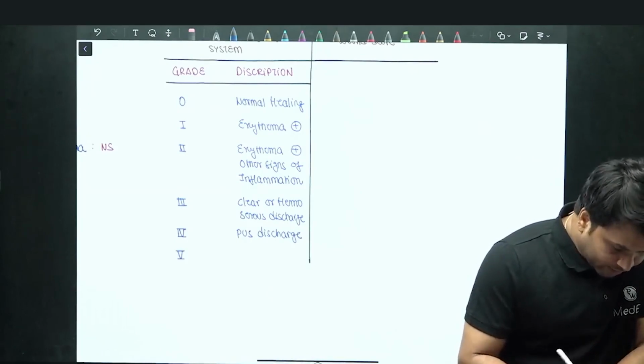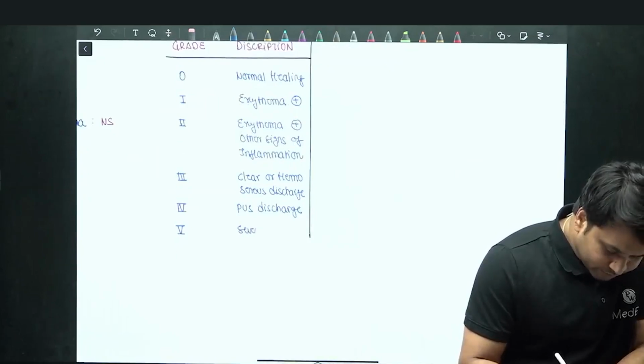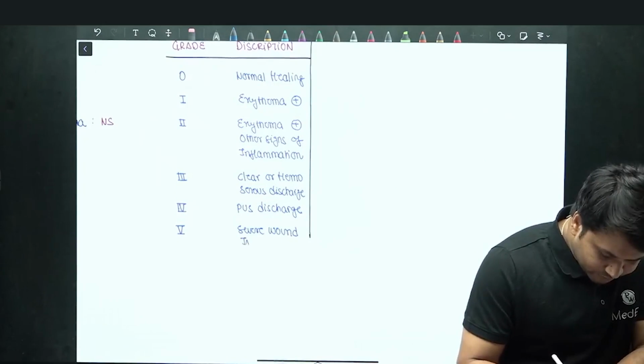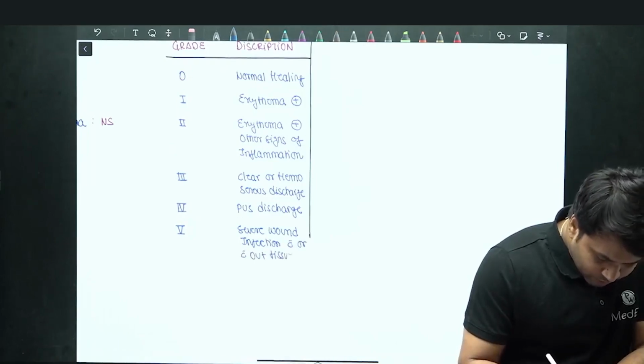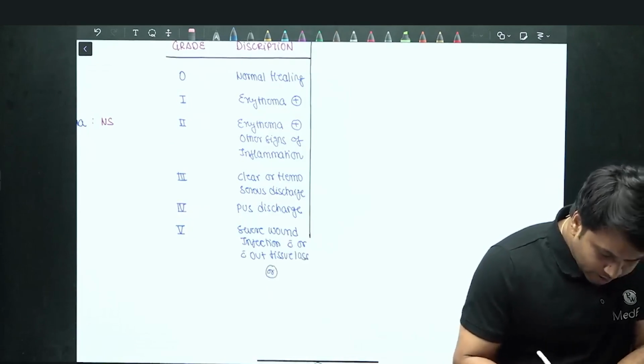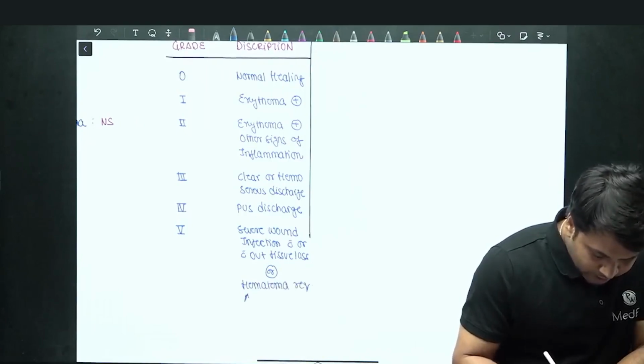And grade 5, there is severe wound infection with or without tissue loss, that is tissue necrosis, or there is presence of a hematoma requiring aspiration.